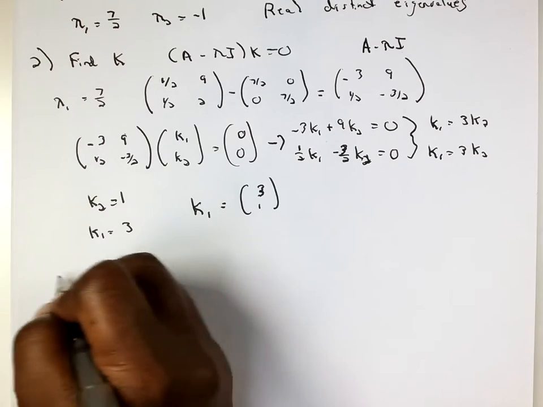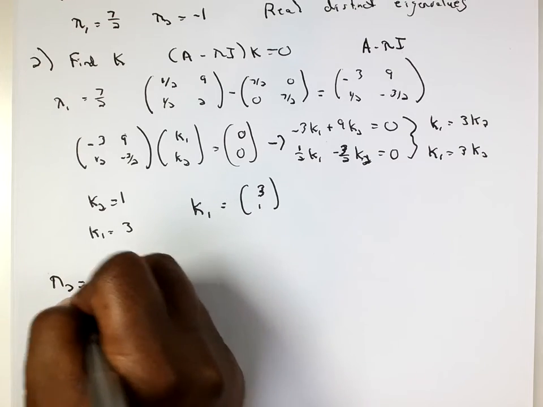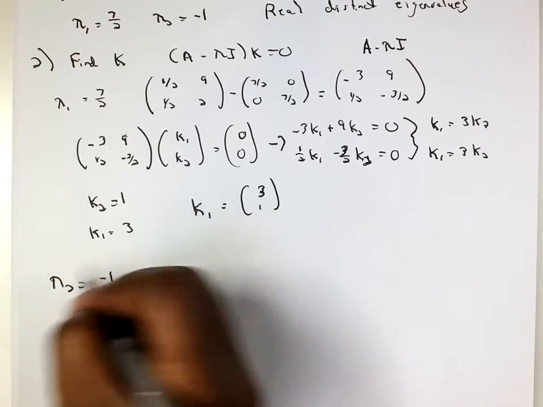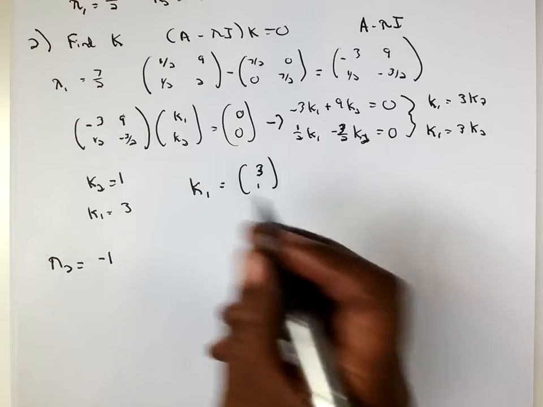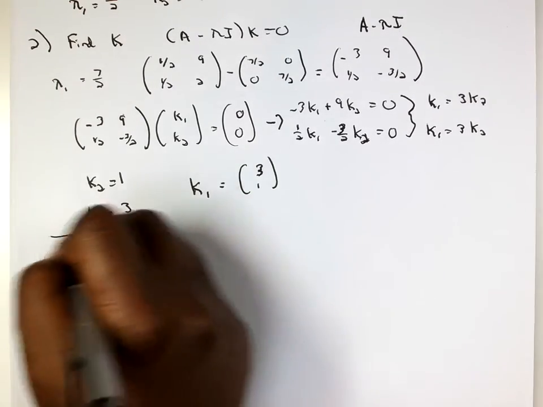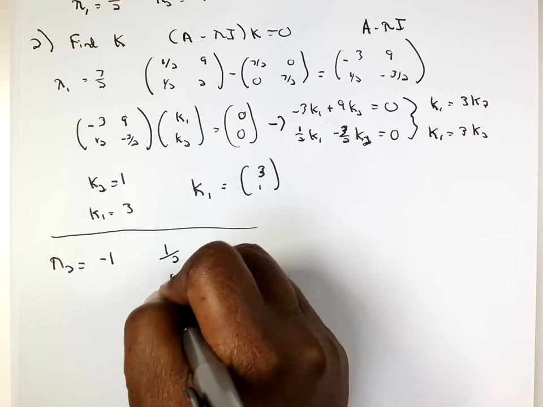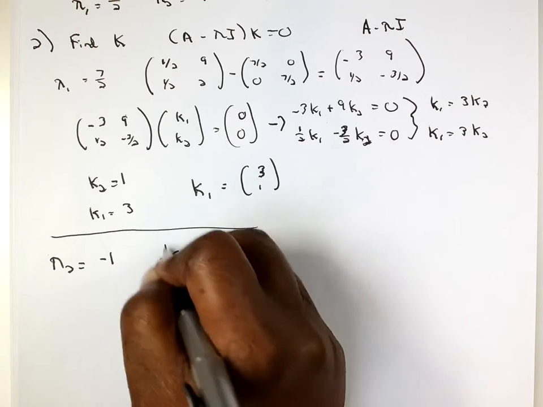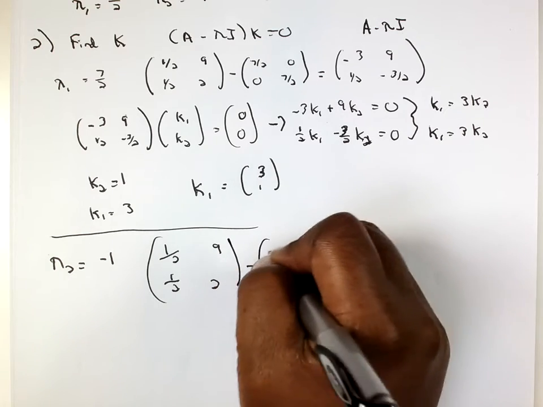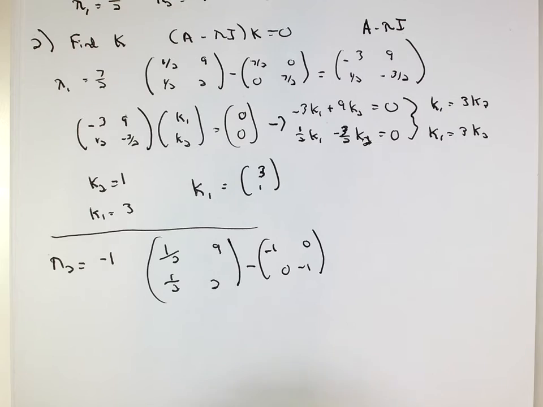All right, so my second one. My lambda 2 is equal to negative 1. So I have to do the same thing. I'm going to start with 1/2, 9, 1/2, 2, minus, and then the eigenvalues again are on my diagonal.